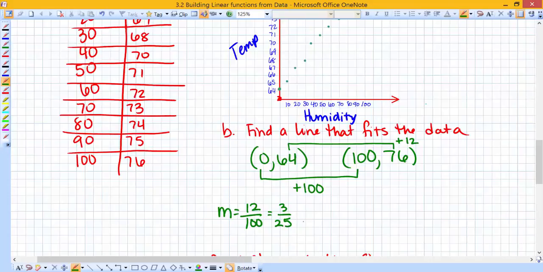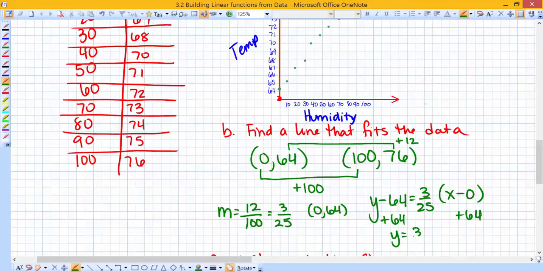So now I'm going to use the point slope form, and I'm going to use the 0, 64, just because there's a 0 there. So y minus 64 equals 3 over 25 times x minus 0. Well, that 0 you can ignore, and then I'm going to add 64. So y equals 3 over 25x plus 64.